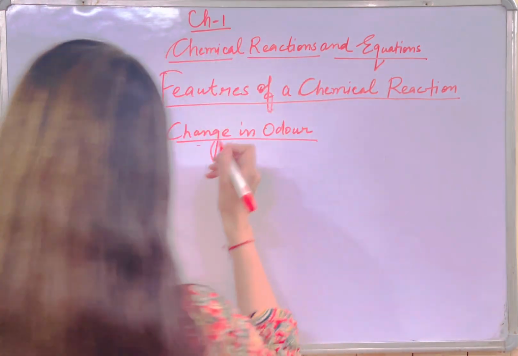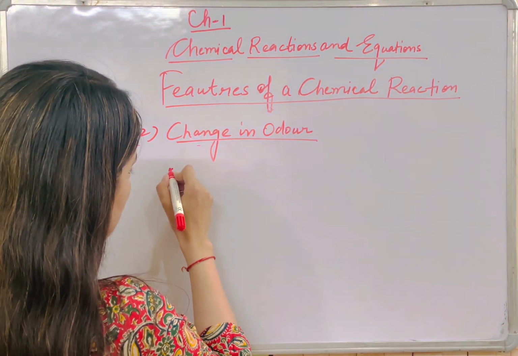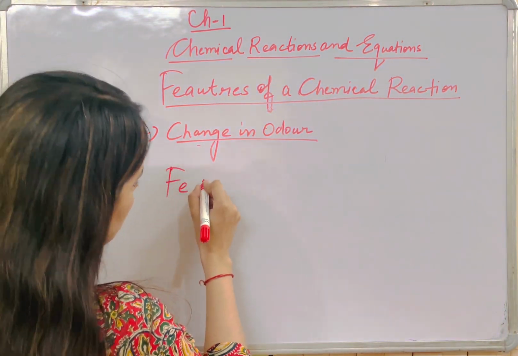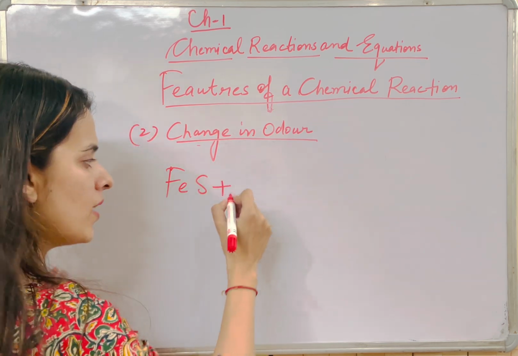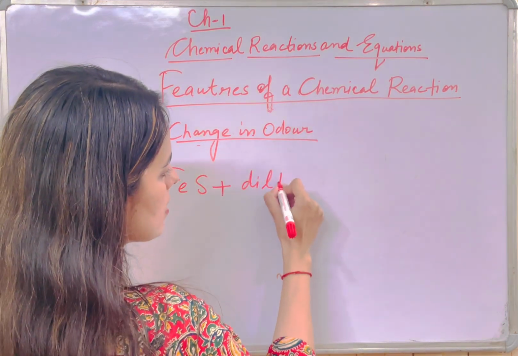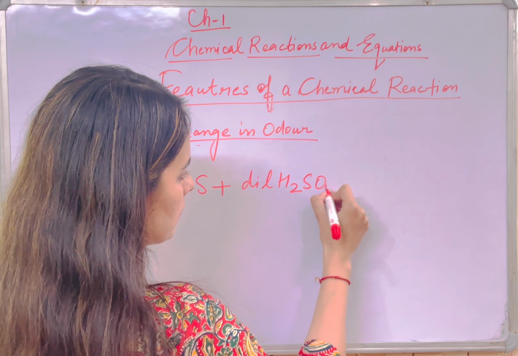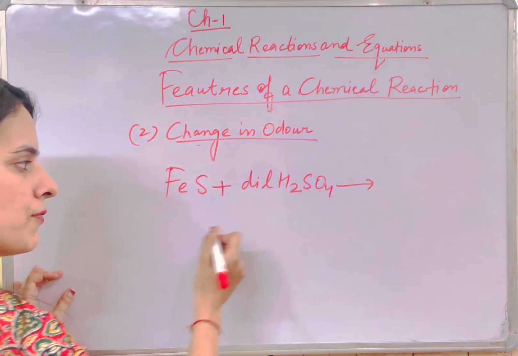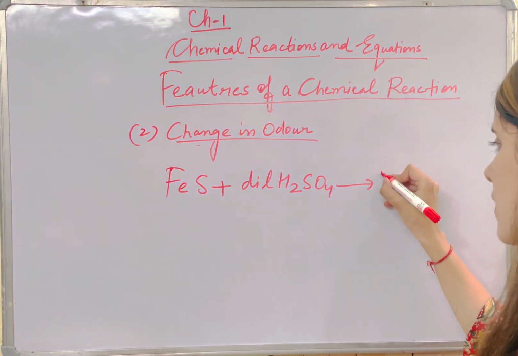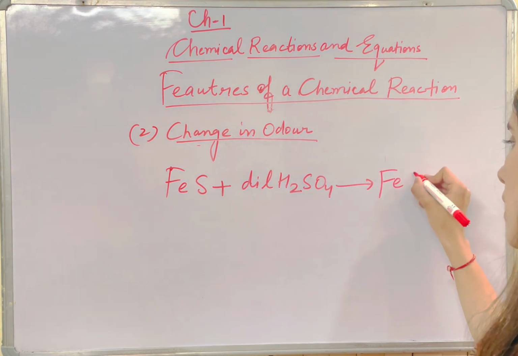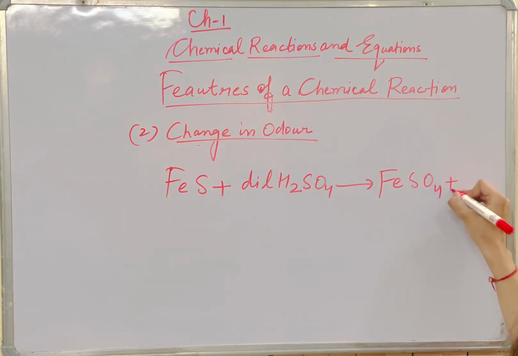So let's discuss this with an example. When ferrous sulfide reacts with dilute sulfuric acid, it will form ferrous sulfate along with the emission of hydrogen sulfide.